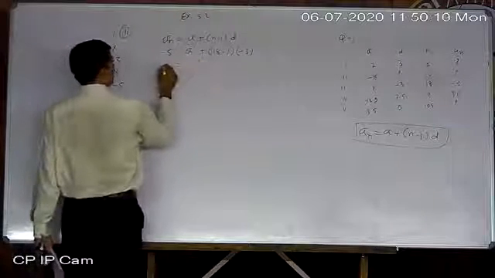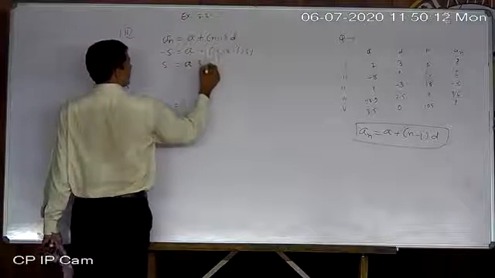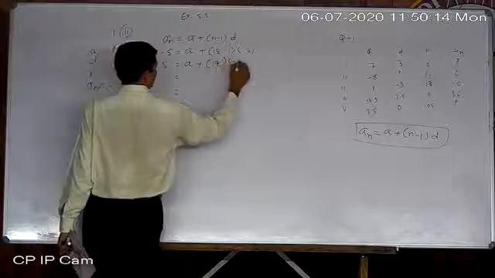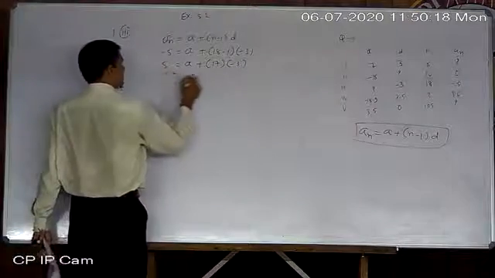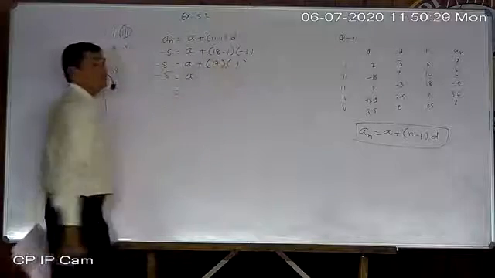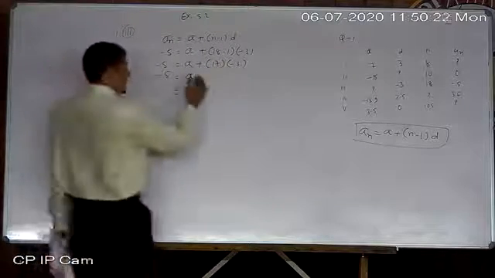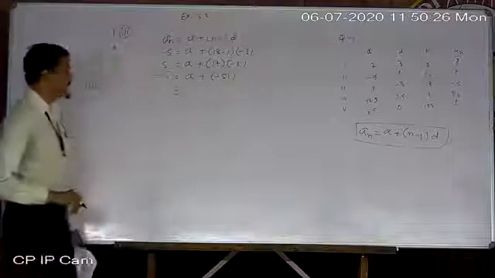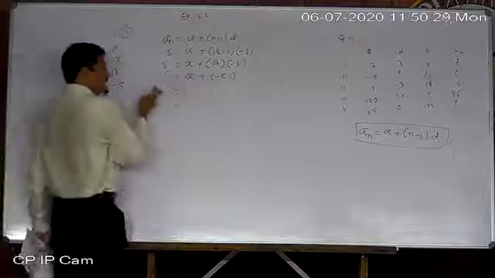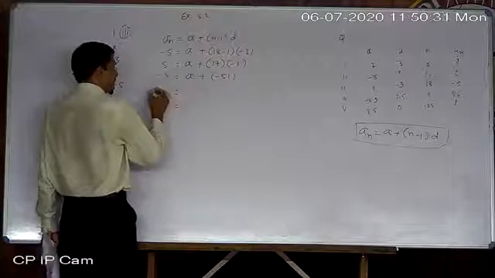Now just simplify that. A plus 17 minus 3. Now, minus 5. 17 3s are 51, but plus minus minus. Now that minus comes here. Otherwise you can write this also.